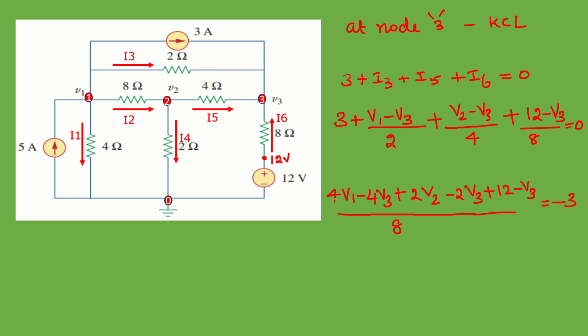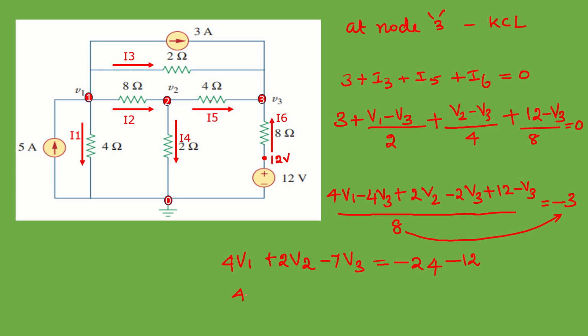Okay, so when we cross multiply this, how many V1s we have? 4V1 plus 2V2 minus 7V3, that is equal to, this is minus 24, and this 12 also comes over here as minus 12.